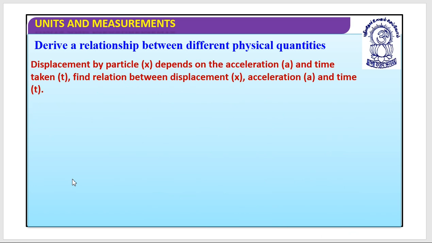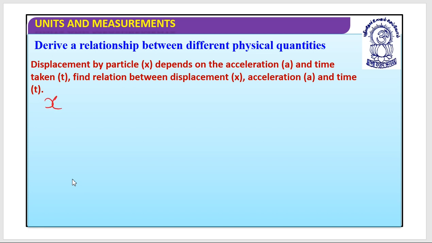Let's move to one more application of this, and I suggest you do it yourself simultaneously. First, read it very carefully. The given data is displacement of a particle, x.